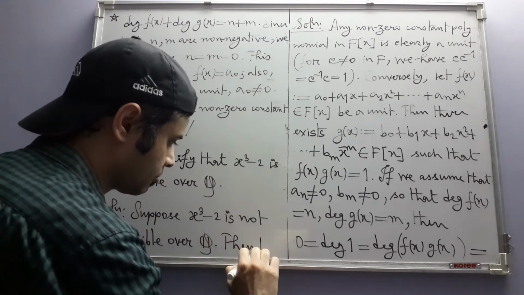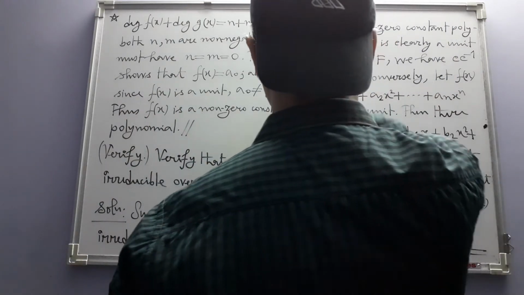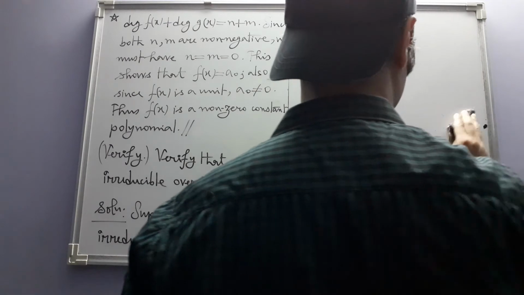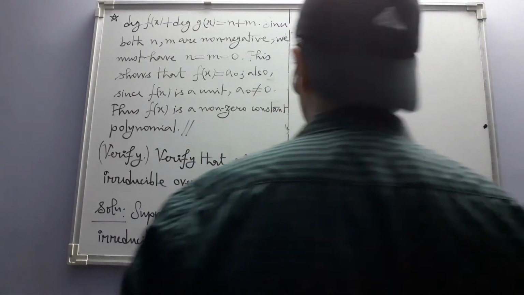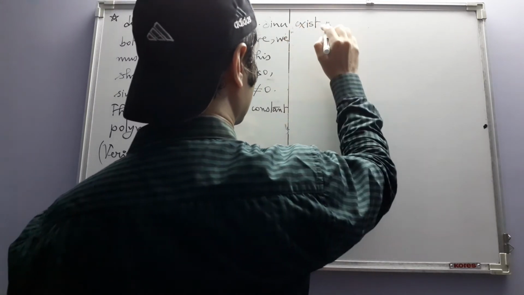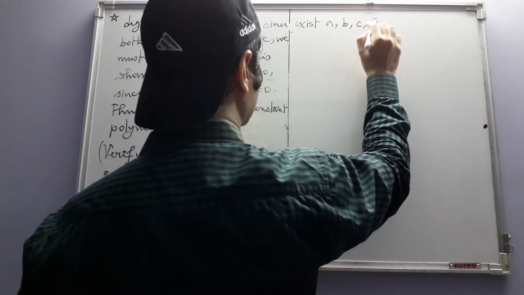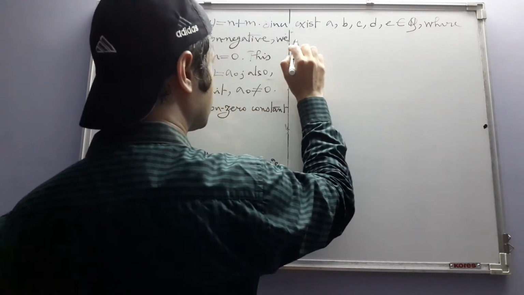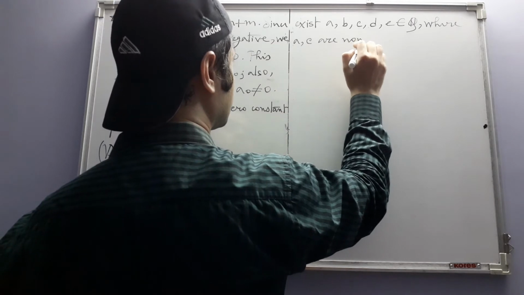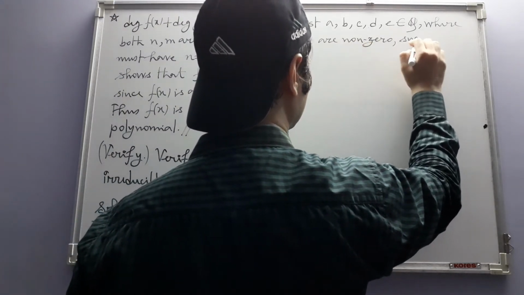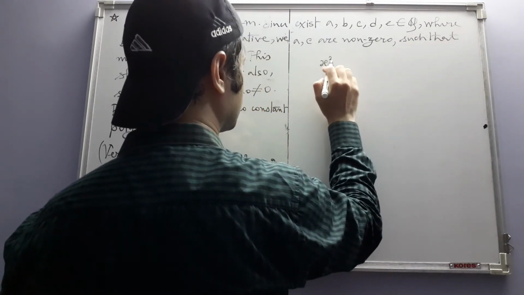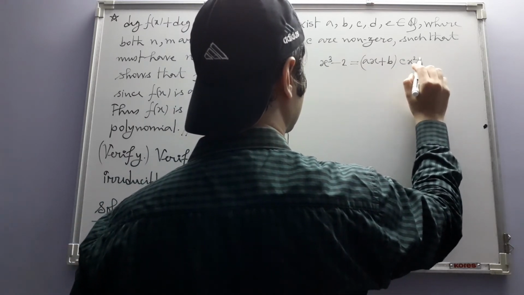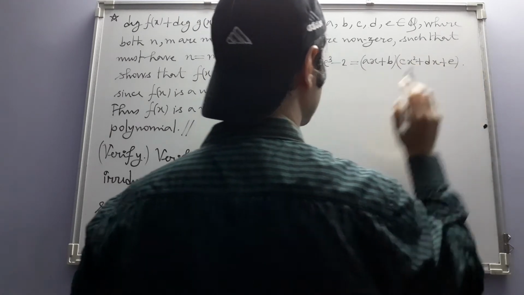Then there exist some rational numbers A, B, C, D, E, where A and C are non-zero, such that x cube minus 2 is equal to (Ax plus B) times (Cx square plus Dx plus E).